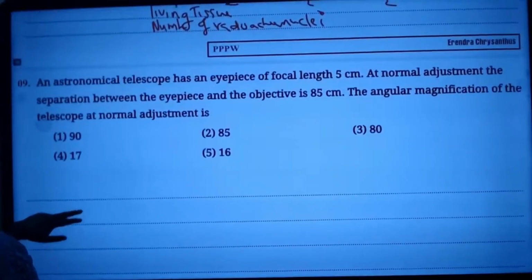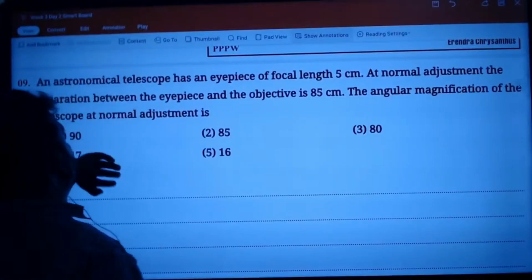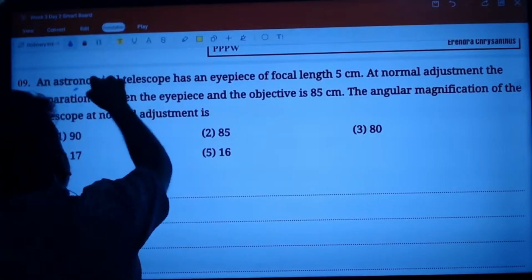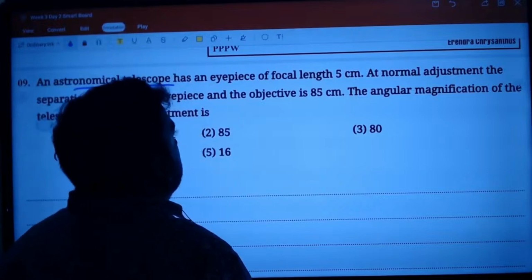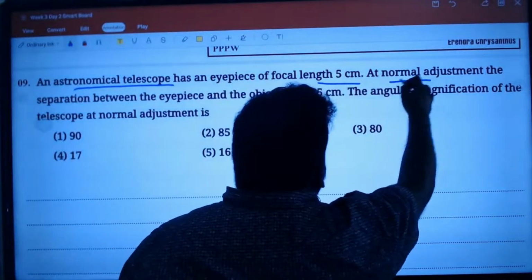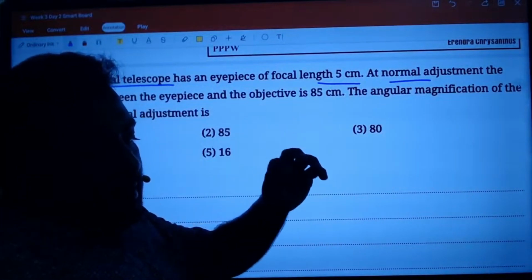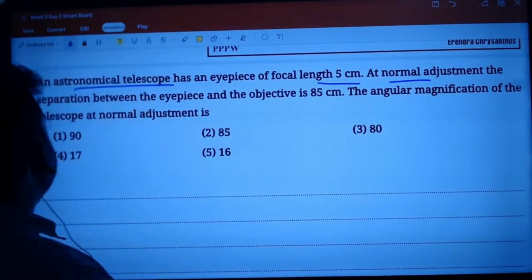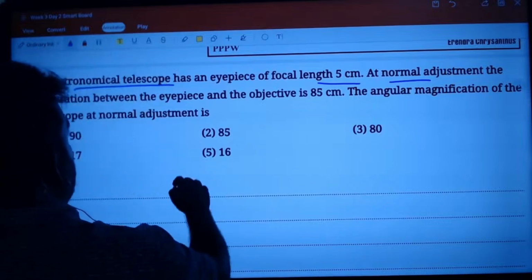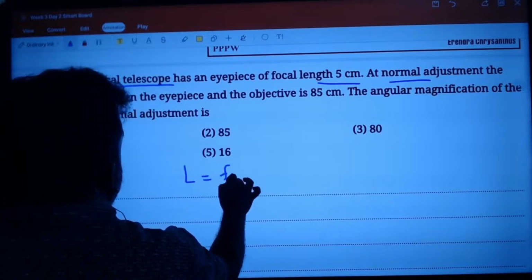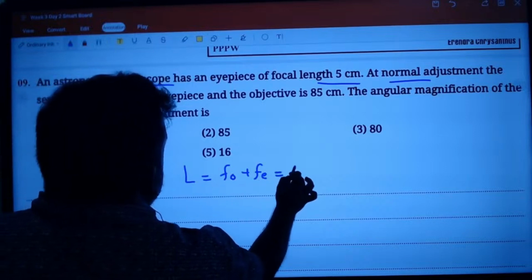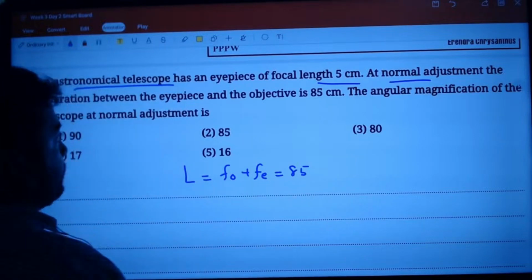Moving on. Question, an easy one. In an astronomical telescope, the eyepiece focal length is 5 cm at normal adjustment. What do you mean by normal adjustment? Object is at infinity, image is also formed at infinity. The separation between the eyepiece and the objective, that's f0 plus fe, is 85 centimeters.